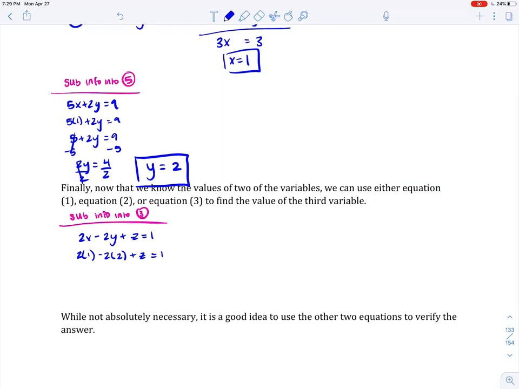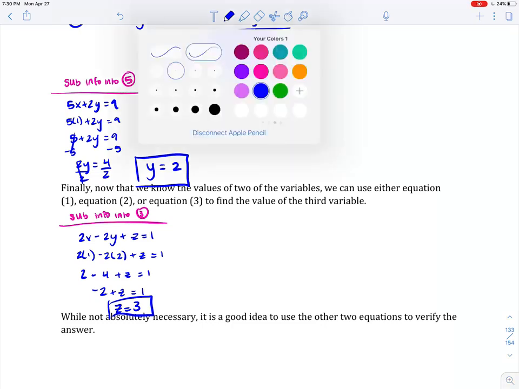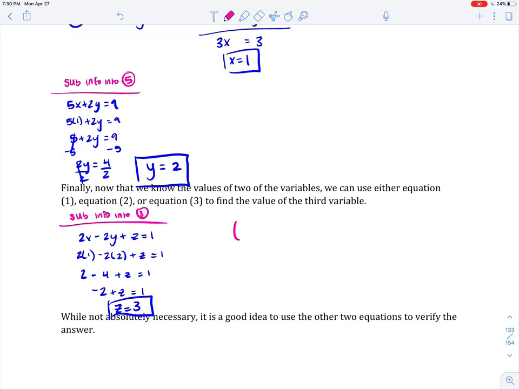And I'm going to plug in 1 for x, 2 for y, nothing for z, because I don't know what that is. I'm going to simplify all that beautiful jazz, move all the numbers to one side, and solve for z. Life's going to be good. So I have 2 minus 4 plus z is equal to 1. 2 minus 4 is negative 2, plus z is equal to 1. If I move the negative 2 over, I get z is equal to 3.